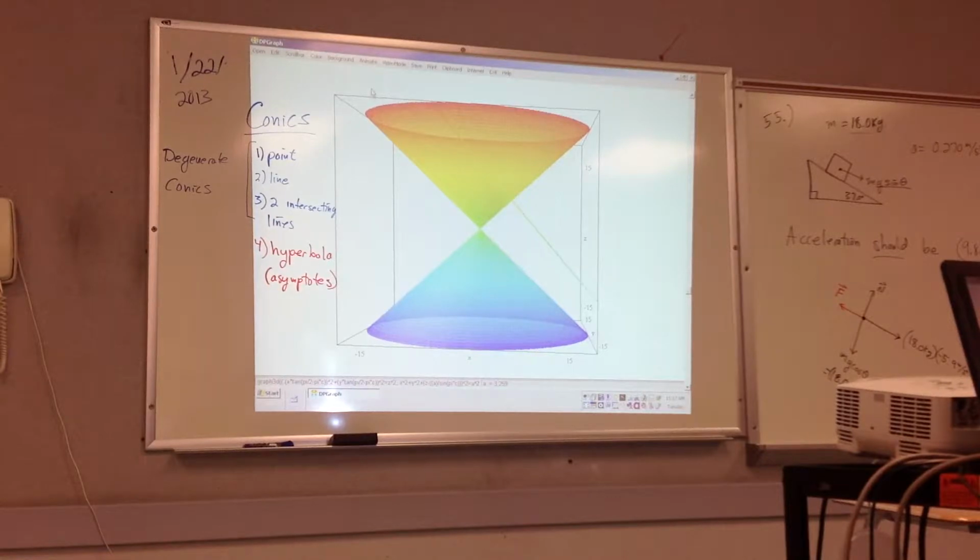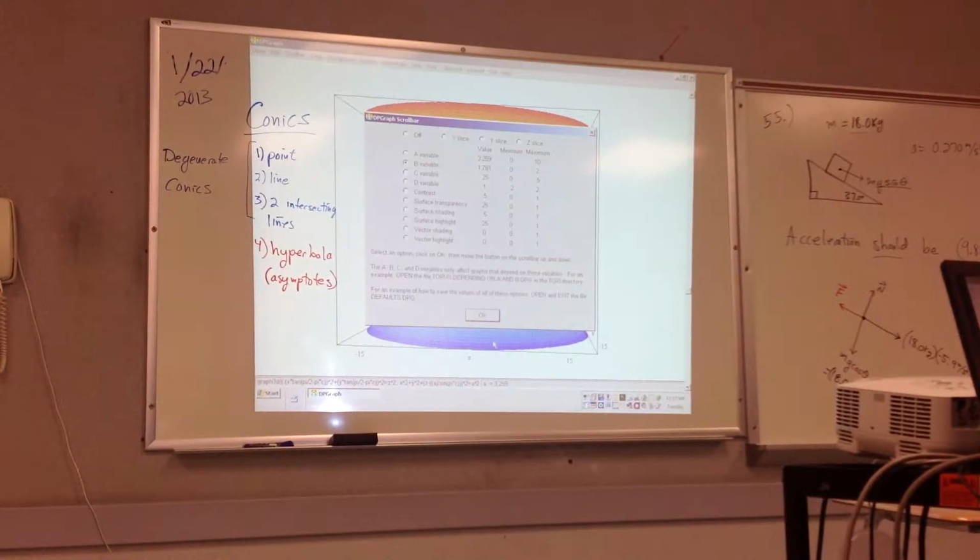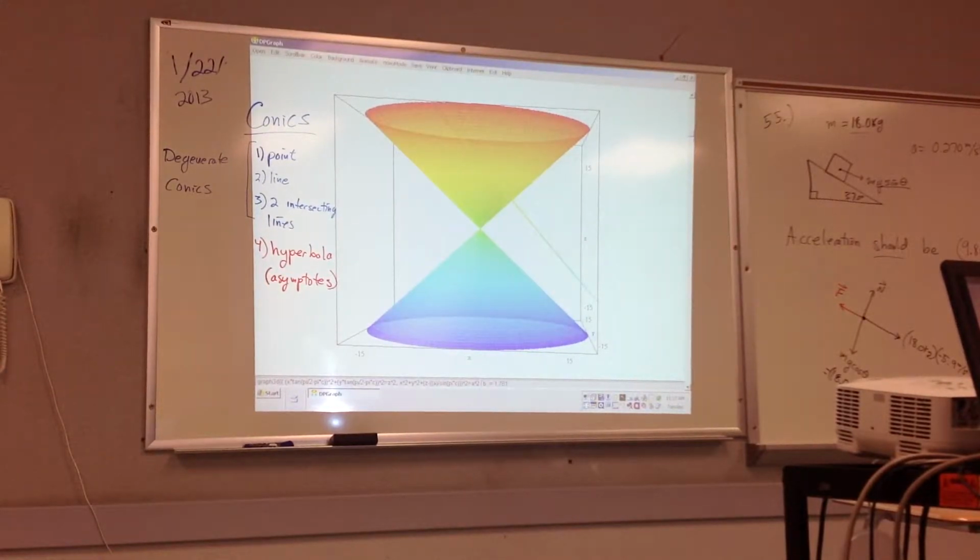Does that plane look parallel to the edge of that cone now? To this edge along here. Yeah, just a little more. Danny, you're being very picky here. There. That looks a little better. It's hard to tell with perspective.